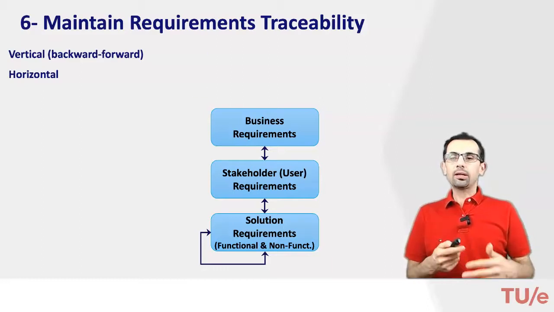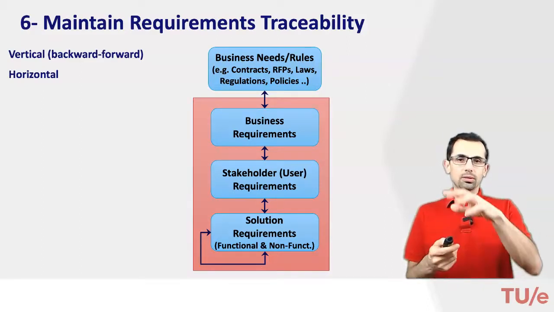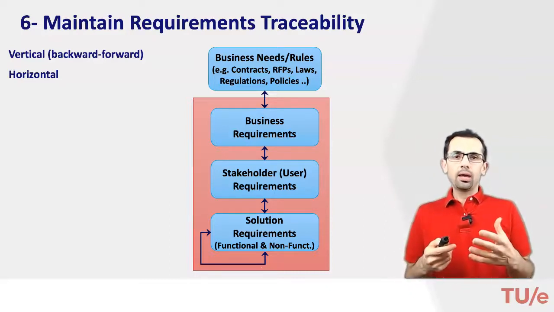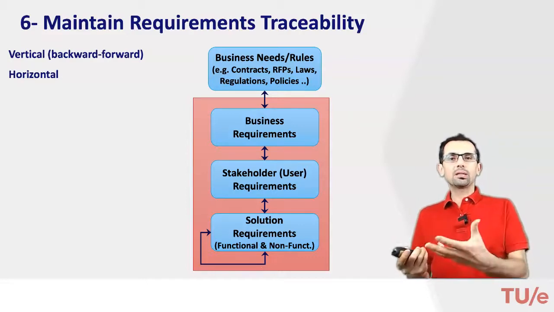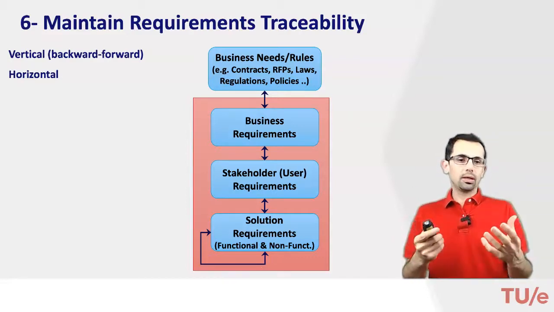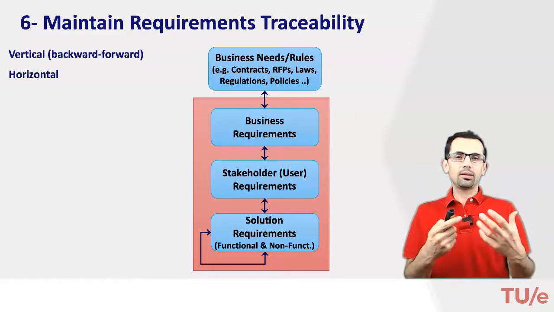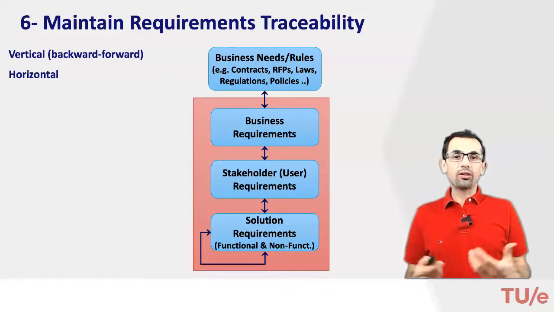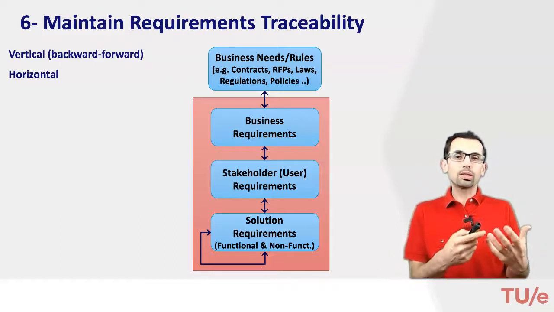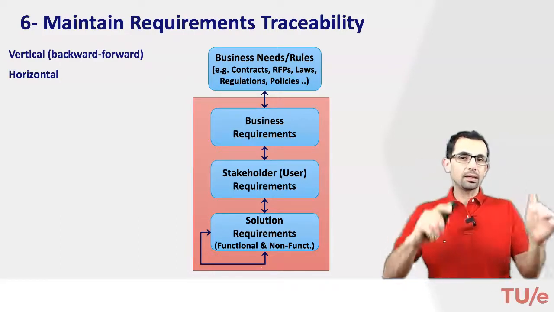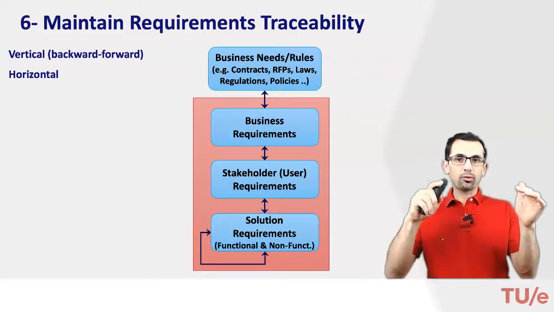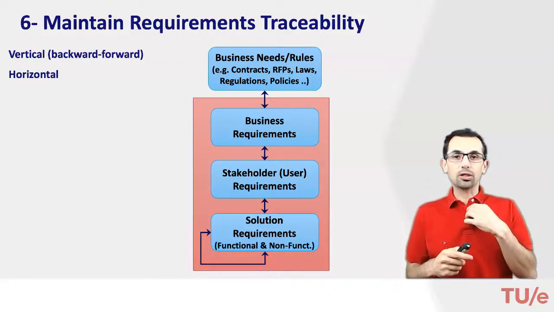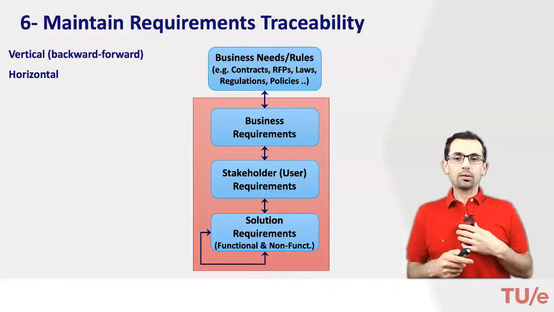And even the entire set of requirements, which is like this red box, can be linked to the business rules, a higher level: any kind of statement, like the contract, for instance, or RFPs, regulations, policies, and so on. So they can be linked to those types of origins as well. And this is also one of the good practices of requirement specification, specifying requirements origin.